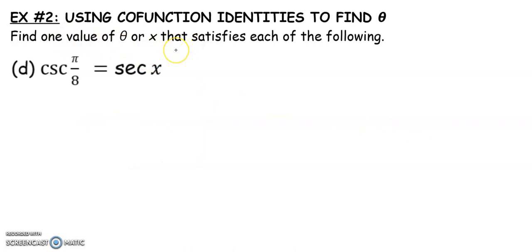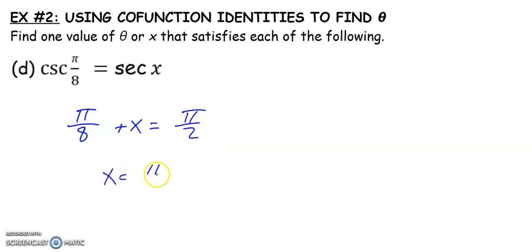Let's find one value of x that satisfies the following. Cosecant and secant, again, those are cofunctions of each other. That means pi over 8 radians plus x radians has to equal pi over 2 radians.